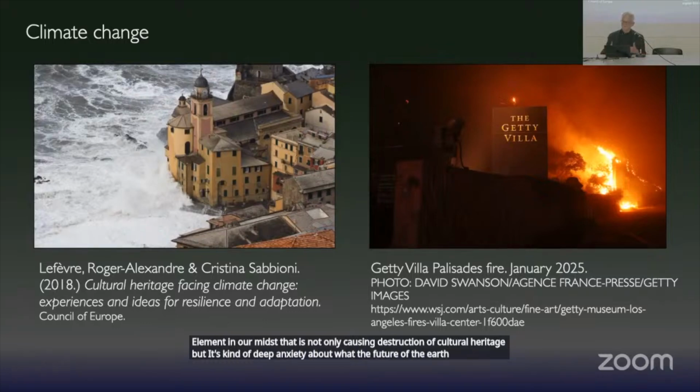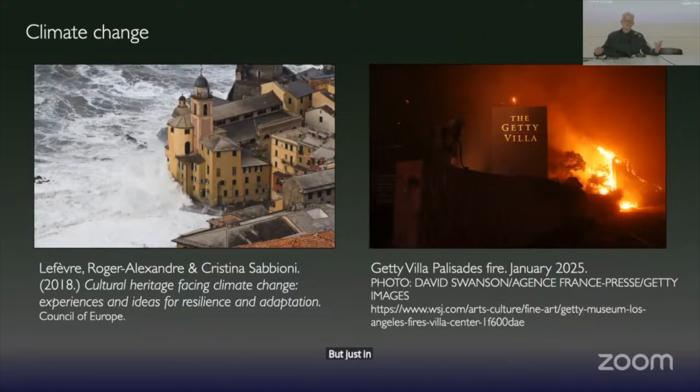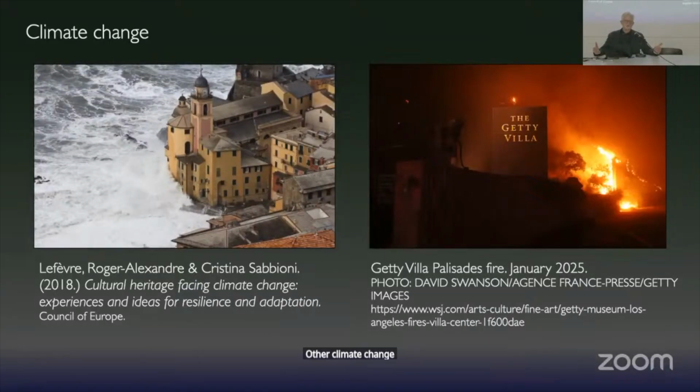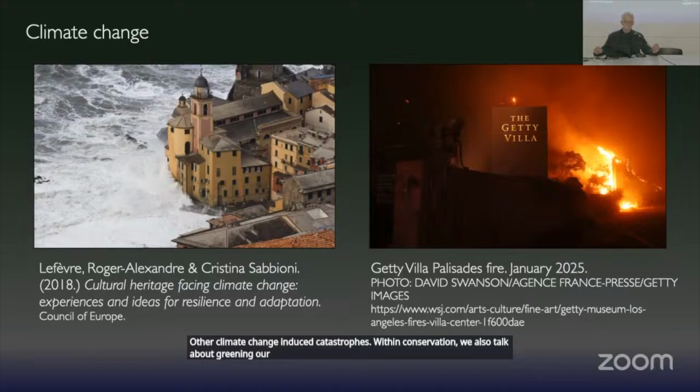This is very much where cultural heritage and nature conservation come together. But just in terms of cultural heritage conservation, we talk about rising seas, we talk about fire, hurricanes, other climate change induced catastrophes. Within conservation, we also talk about greening our conservation labs, using recyclable materials, and so on.